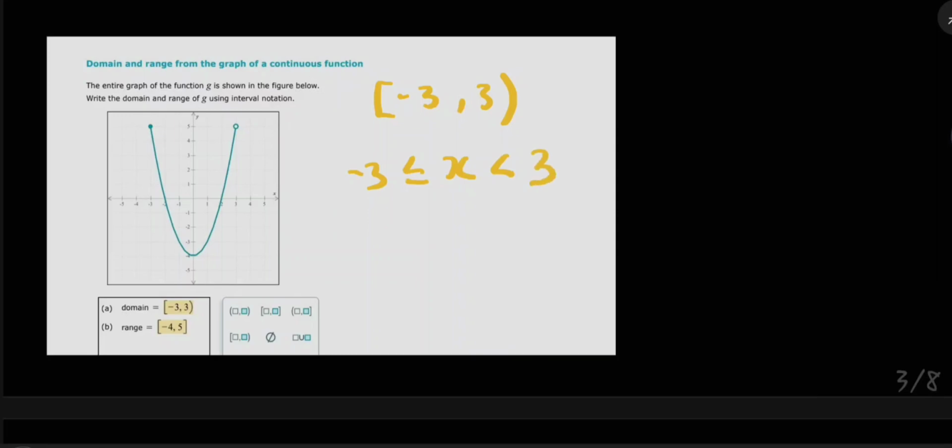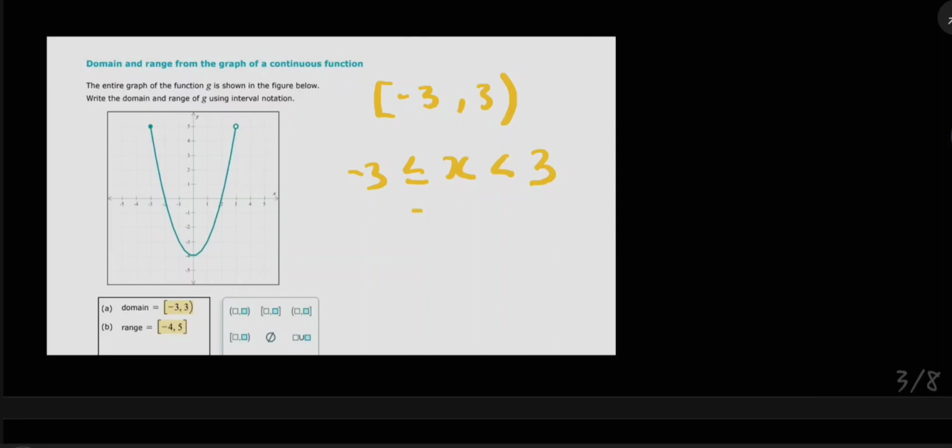This means the same thing. This is simply saying that x is less than 3, which is true, and that -3 is less than or equals x, or x is greater than or equals -3, which is still true.